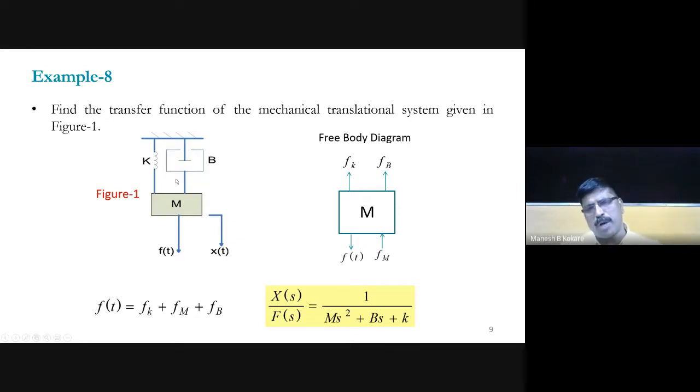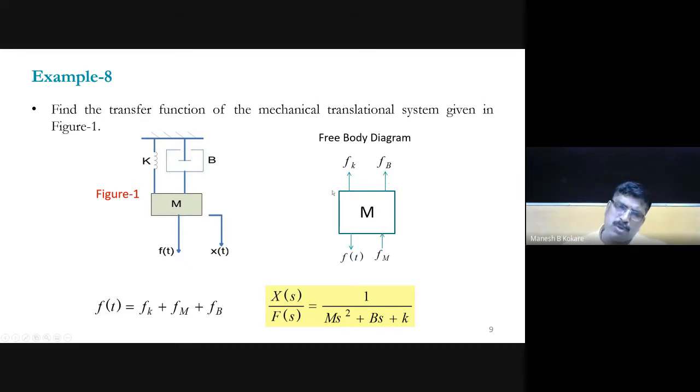So definitely there will be opposite upward force offered by this mass element as well as spring element and this one. So this is the free body diagram, and if F(t) is downward, the force offered by this mass element will be upward, the force offered by this spring element will be upward, and the force offered by this dashpot element will be upward.